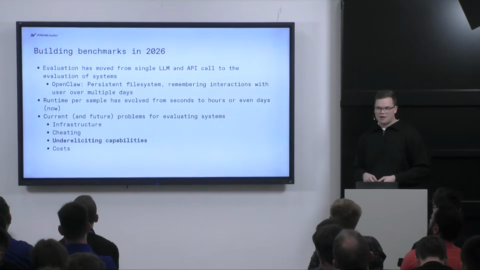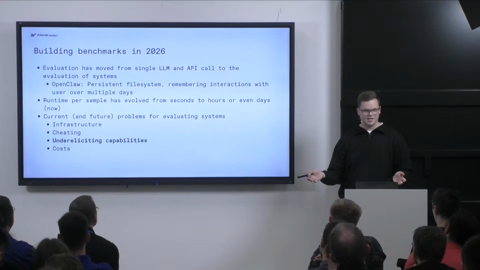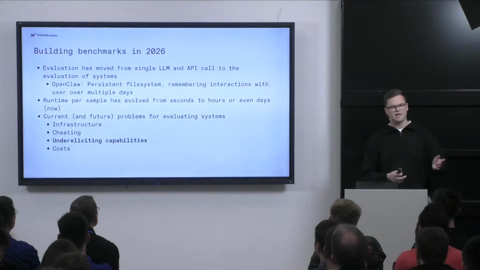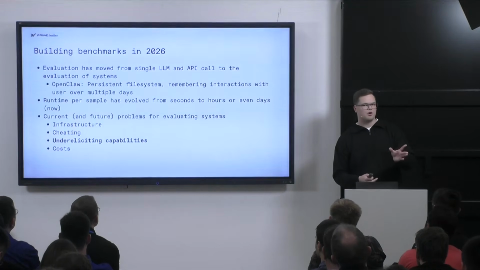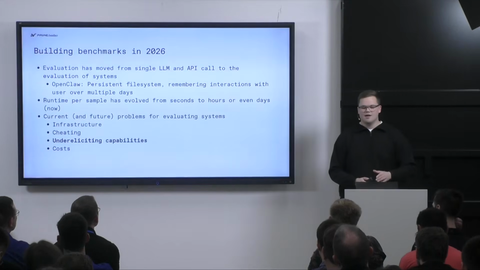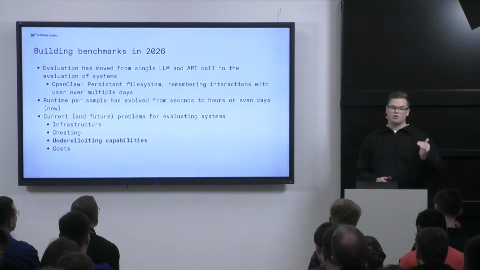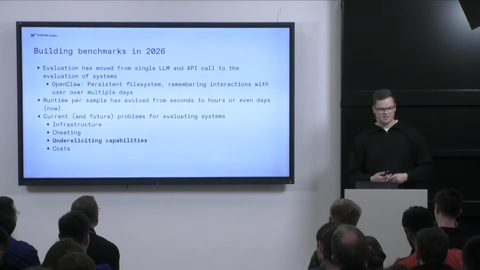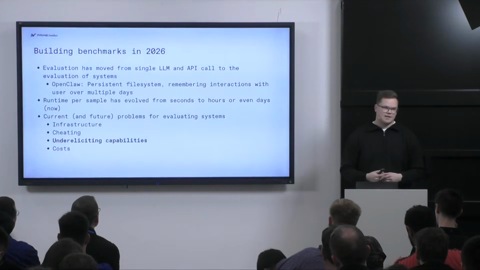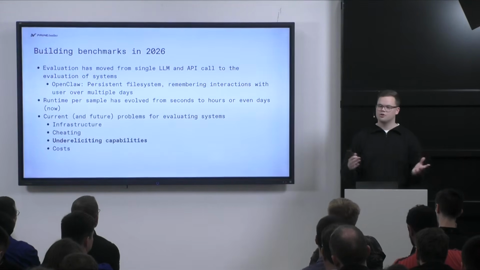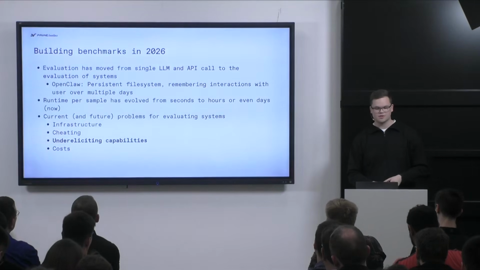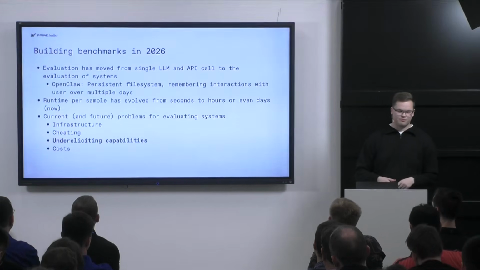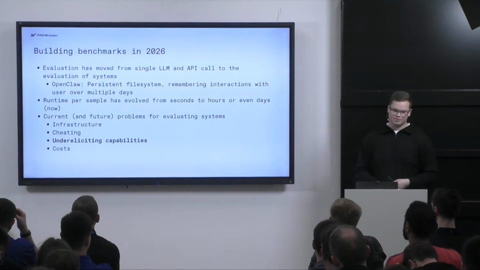And our runtime for a single evaluation has also increased a lot. Like, these single general knowledge samples were done in a few seconds, and now for these coding benchmarks, we are running them over hours, and now going into the area of running them for days just to get one sample done. And that has created a lot of current and future problems for these systems. First is infrastructure. I think that should be clear by now that there are a lot of moving parts.